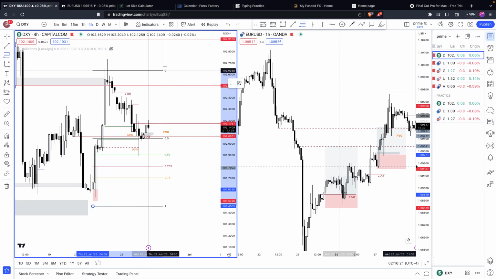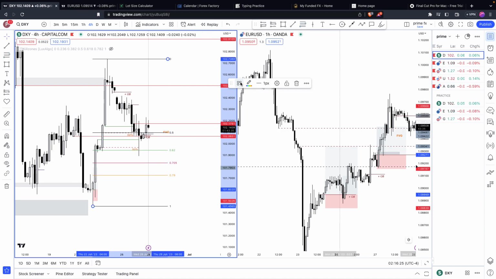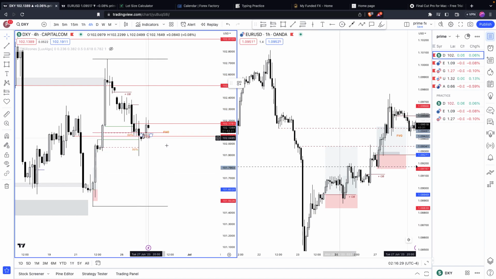the range, the 50% of this range, look at this, too many lines. Let me just take these out for you. Okay, so the 50% of the range, which happens to be the 50% of this fair value gap, we are looking at a discount array to see price going into.